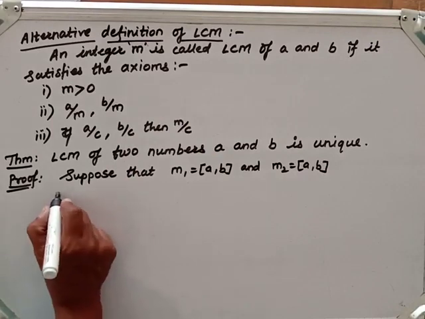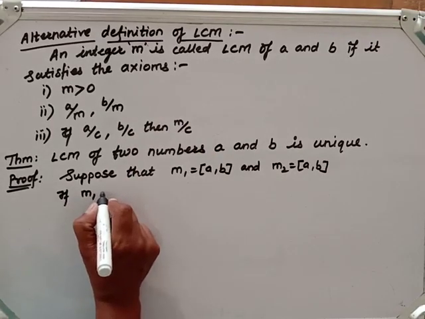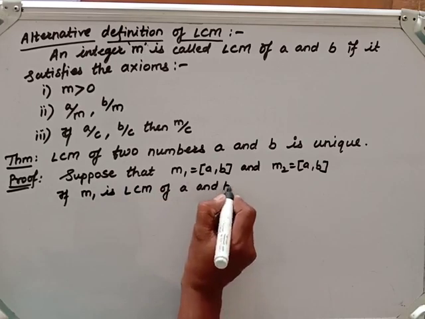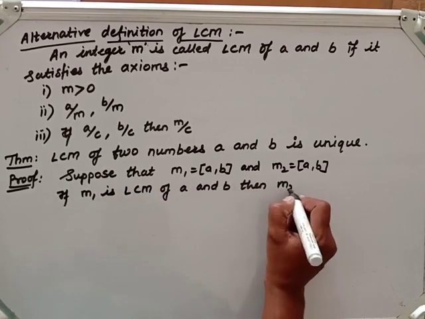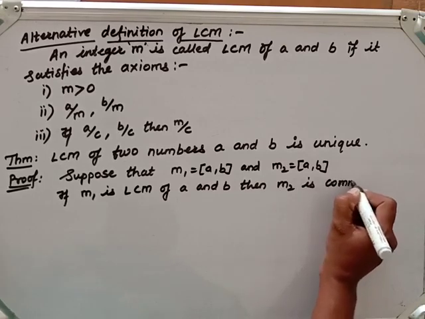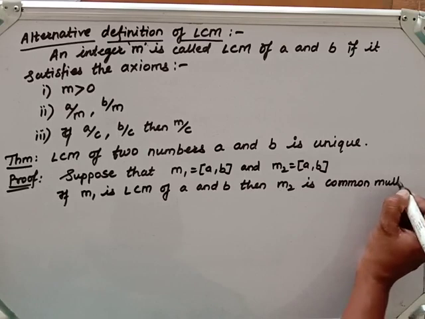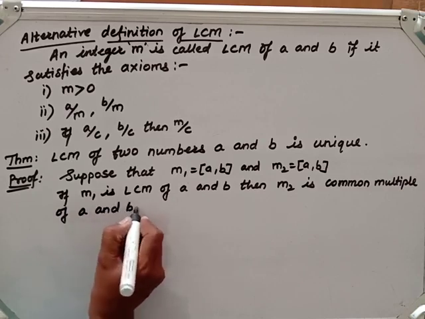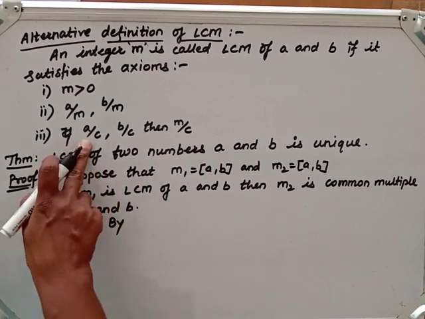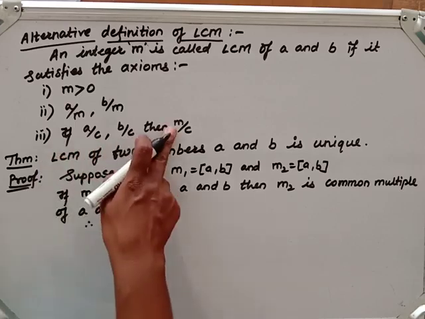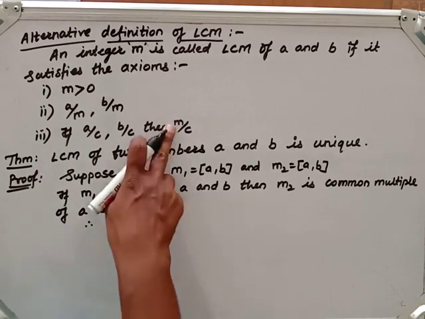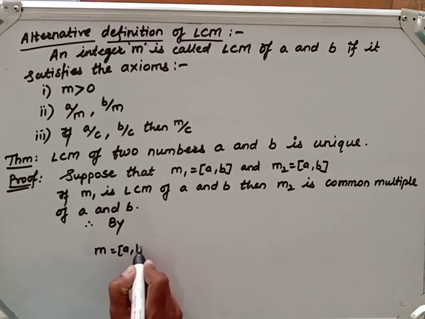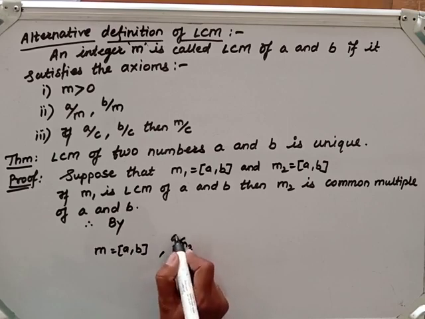Now if M1 is the LCM of A and B, then M2 is a common multiple of A and B. Therefore, by definition, if M2 is a common multiple and M1 is the LCM, then M1 must divide M2.